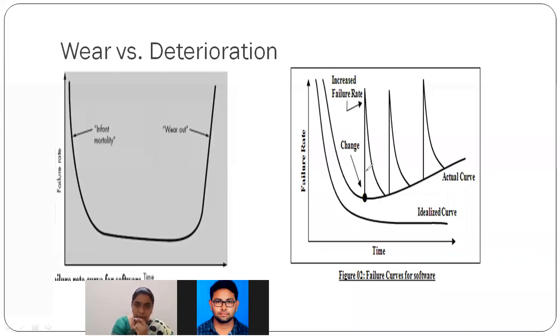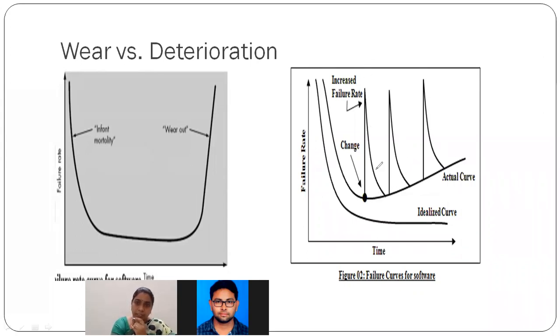So I have shown here an increased failure rate again. If I make any modifications in the software, the failure rate will increase again. Again, we'll try to rectify that failure and bring it to a normal stage. In the next curve, if again you want to make any change, the failure rate increases, again it comes down, again the failure rate rises, and so on.